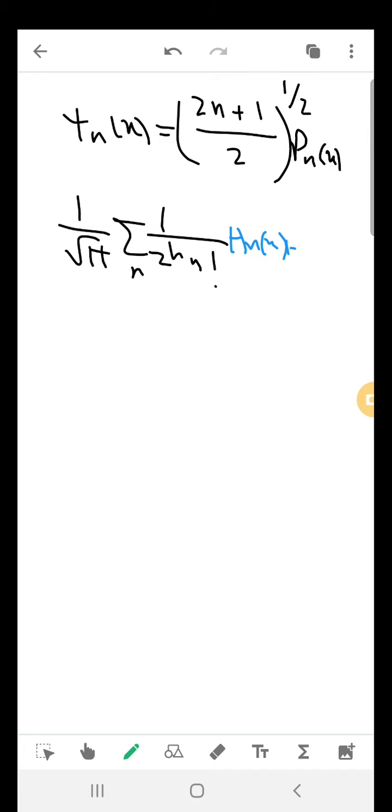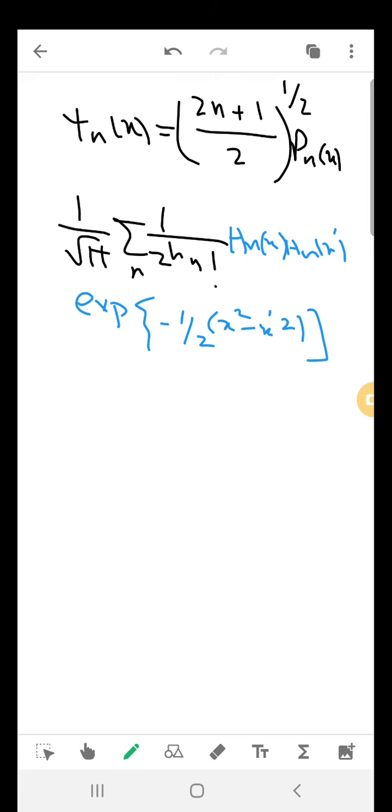H n x dash into exponential minus 1 by 2 x square minus x dash square, and it is equal to delta x minus x dash.